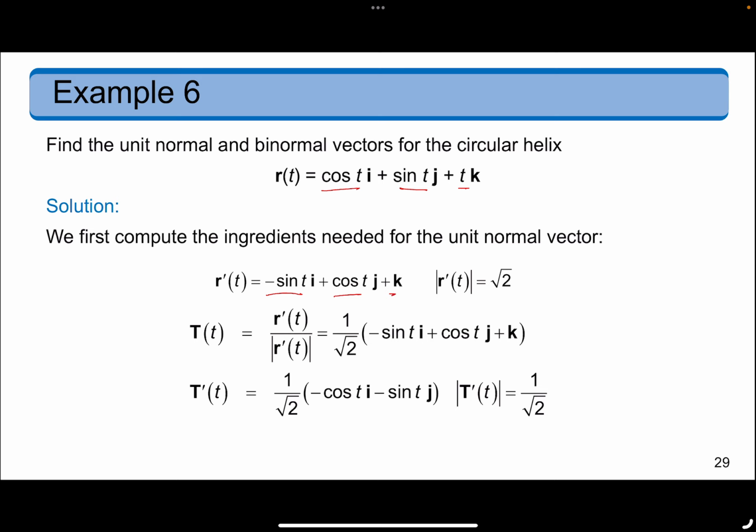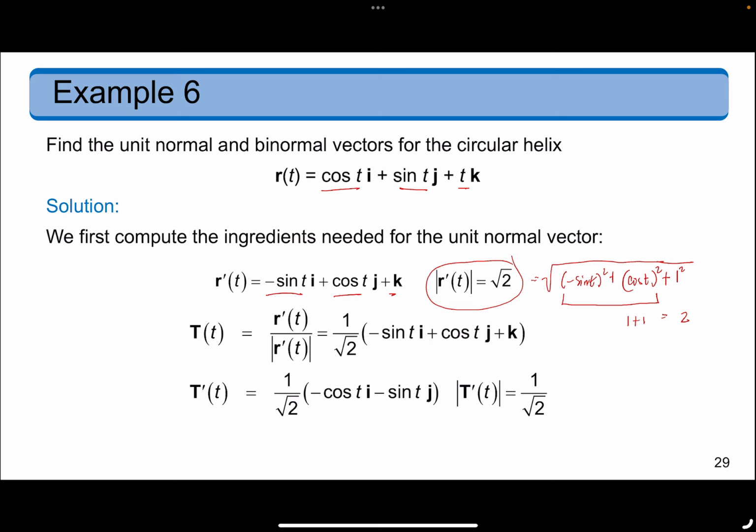Getting the magnitude, this would be the square root of negative sine t squared plus cosine t squared plus 1 squared. This part here is equal to 1 plus 1, so that would be 2. So the magnitude of r prime of t is the square root of 2.